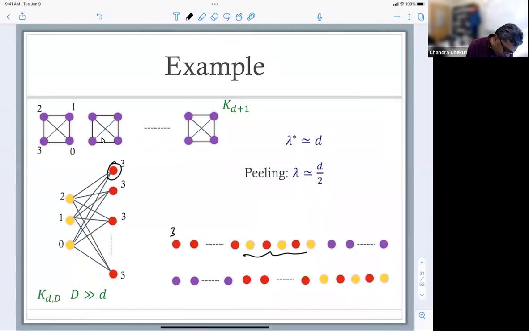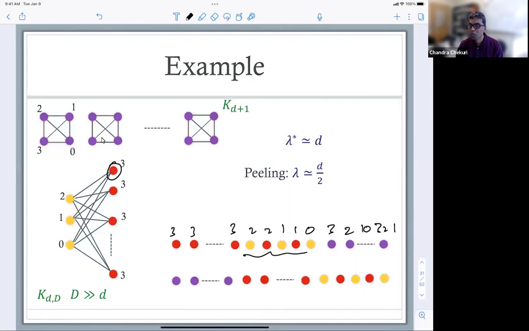So all these vertices get load 3, and then this guy gets 2, 1, 1, 0. That is the load we induced in the first peeling. And then you get 3, 2, 1, 0, 3, 2, 1, 0 for each of the cliques as you peel.